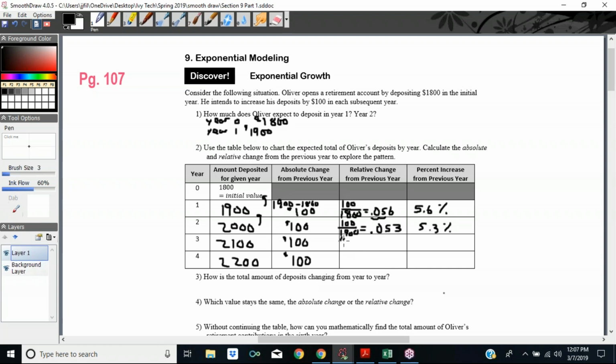And then the next one, 100 divided by 2,000. That is 0.05. So 5%. And then 100 divided by 2,100 is 0.048. So 4.8%.